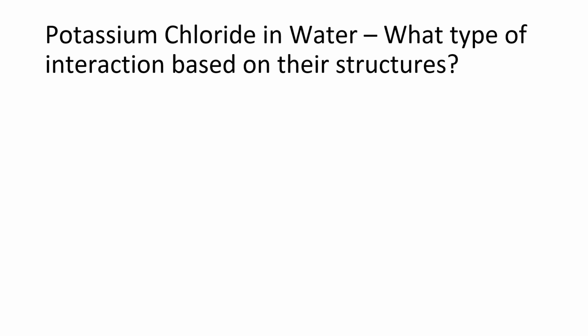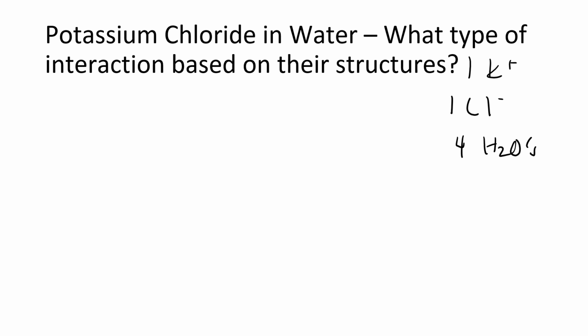Potassium chloride and water, what type of interaction based on their structures? So let's say the question is: represent with 1 K plus, 1 Cl minus, and 4 waters around each of the ions.